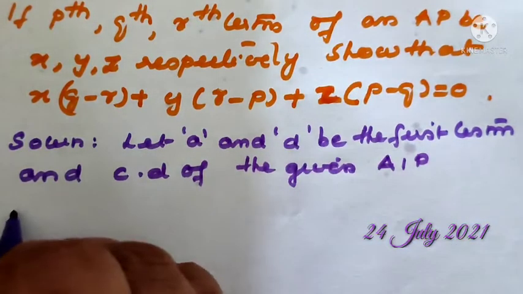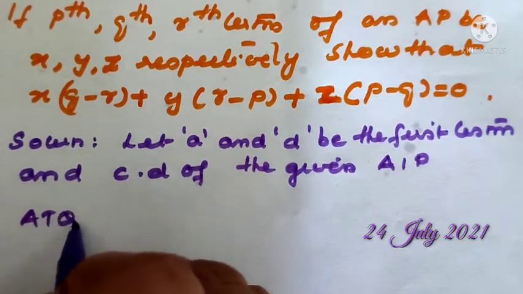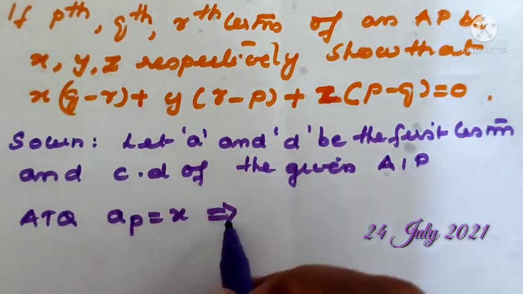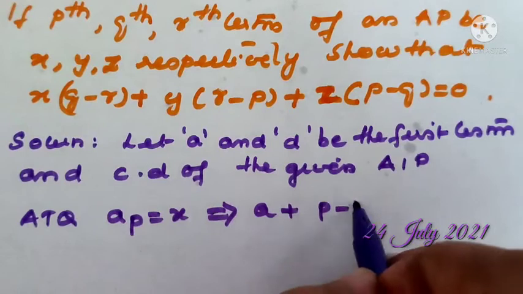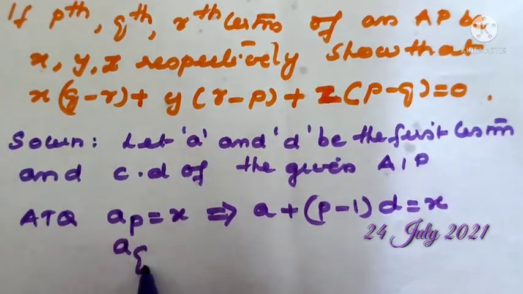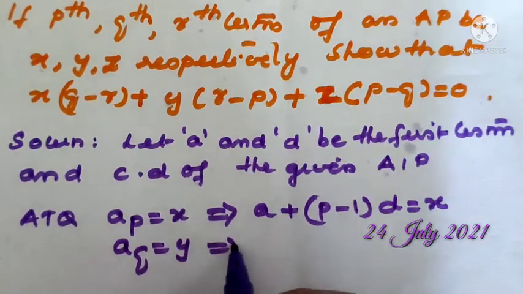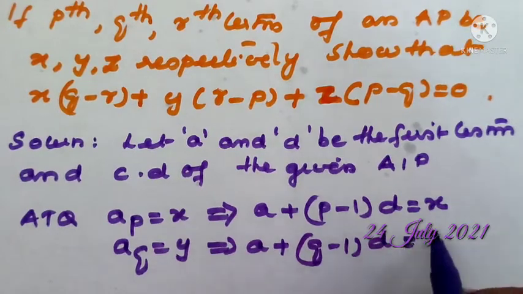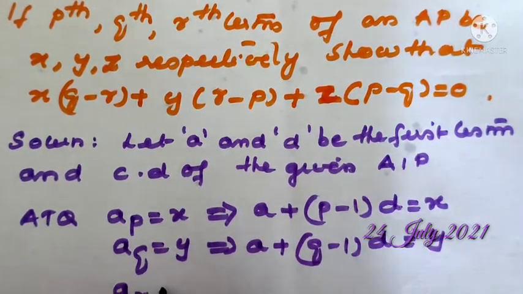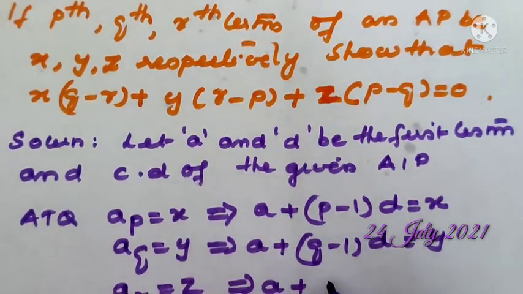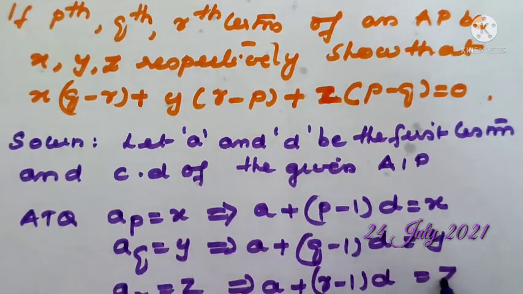So what is given in the question? According to the question, AP equal to x, a plus p minus 1 into D equal to x; AQ equal to y, a plus q minus 1 into D equal to y; AR equal to z, a plus r minus 1 into D equal to z.